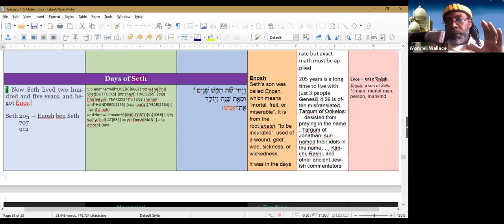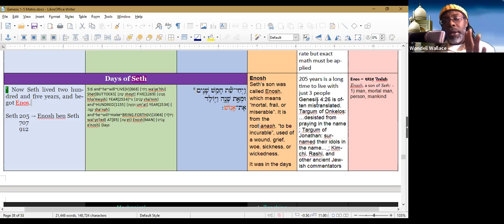Now, Targum is the Hebrew Bible that has been translated into Aramaic. And you have several different versions of the Targum available to you: the Targum of Onkelos, the Targum of Jonathan, the Targum of Jerusalem.